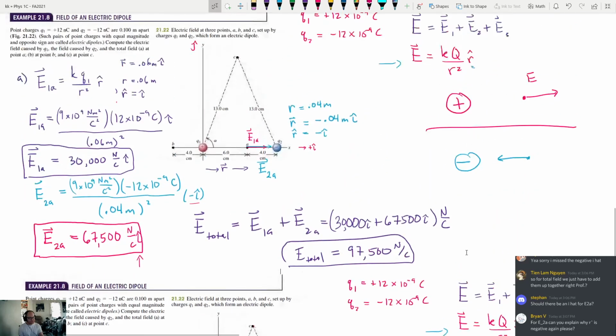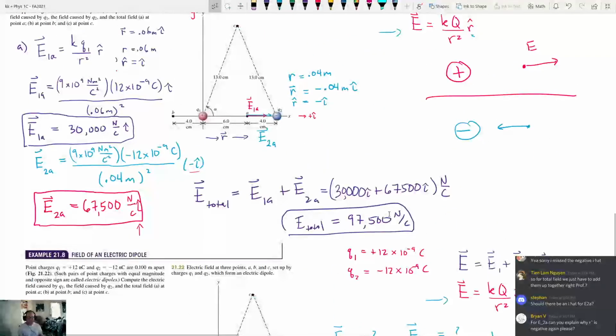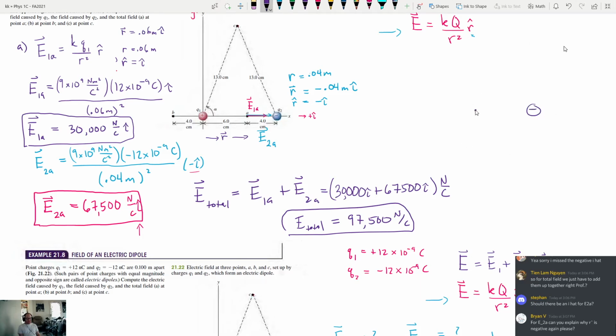Can I explain for E2A why r hat is negative? Brian, yeah, sure. So let me come down. I have this negative charge that's right here, and we're at point A. I'm supposed to figure out, as you're asking, why is r hat negative. The first thing to do is just to draw r.